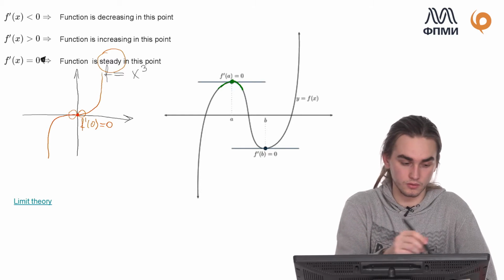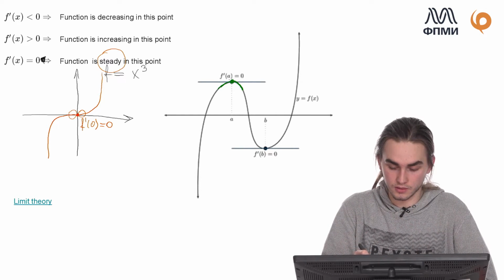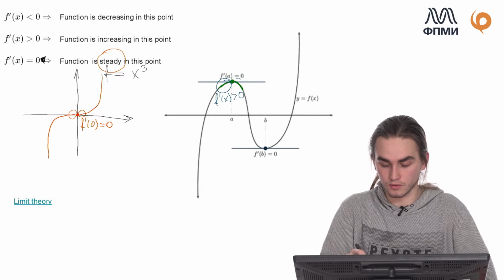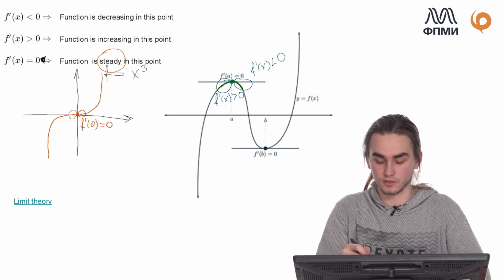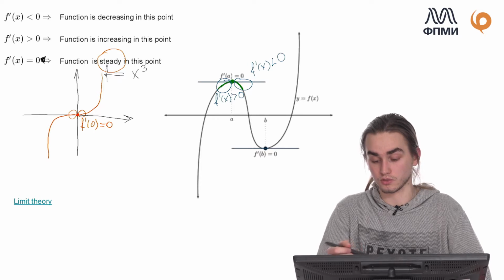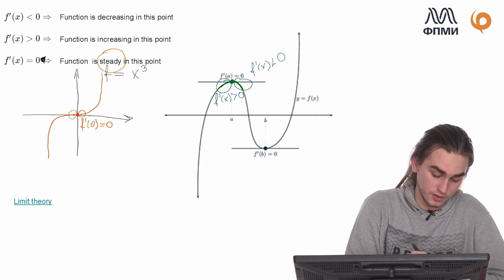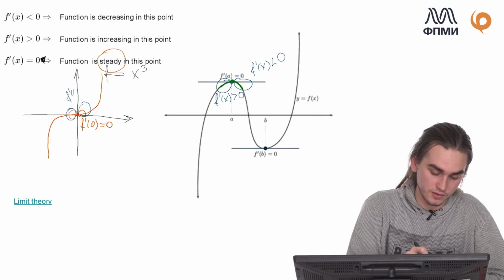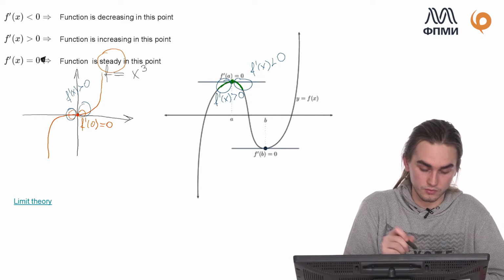Like you can see here with a different color, that here f prime from x is more than 0, and here f prime x is less than 0, because here the function is increasing and here the function is decreasing. So if you look here, you will notice that nothing is happening.